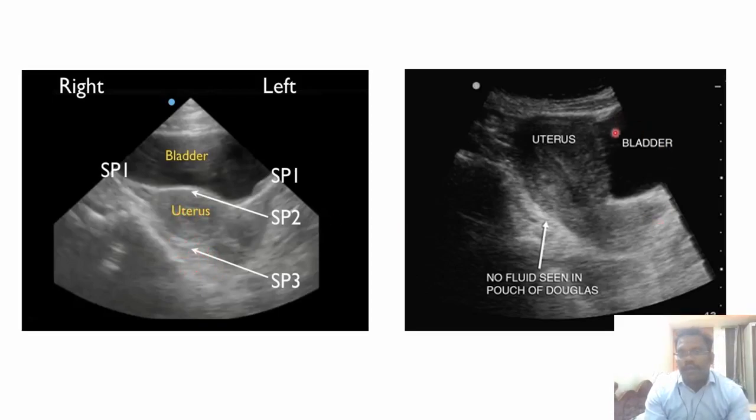Here in the longitudinal plane, this is the urinary bladder, completely anechoic structure. Posterior to the bladder, we can see the isoechoic structure, which is uterus, and posterior to the uterus, we can see the rectum. Here also, we can clearly see there is no free fluid collection.